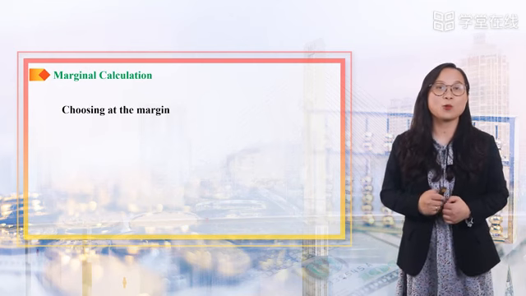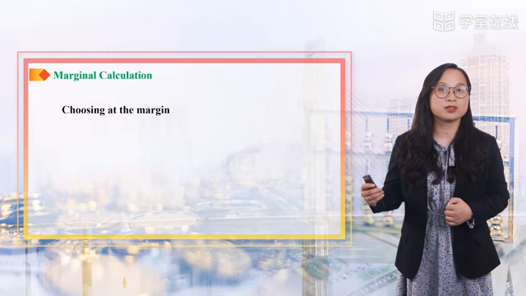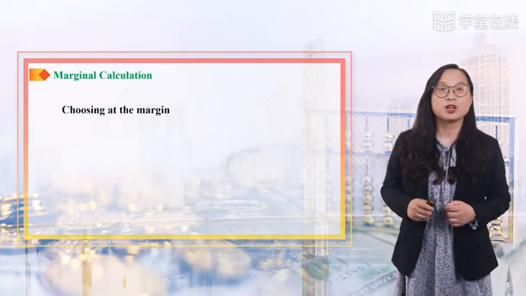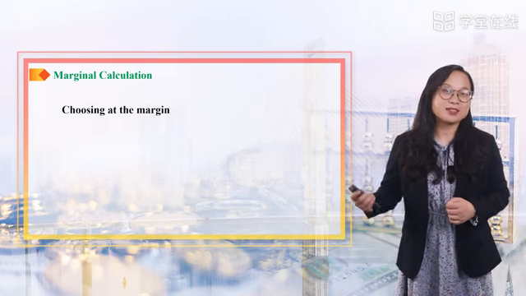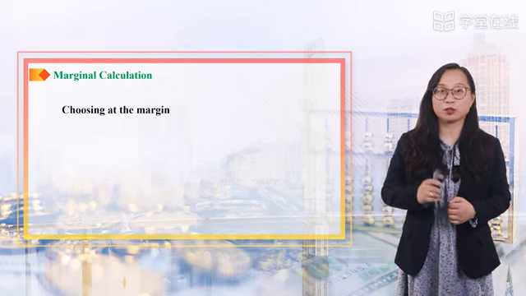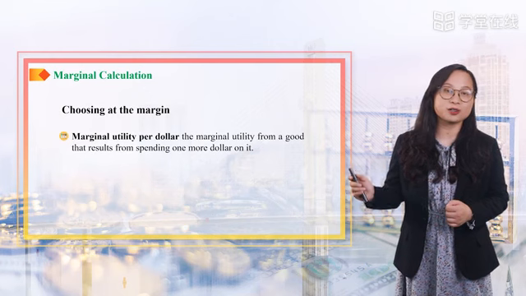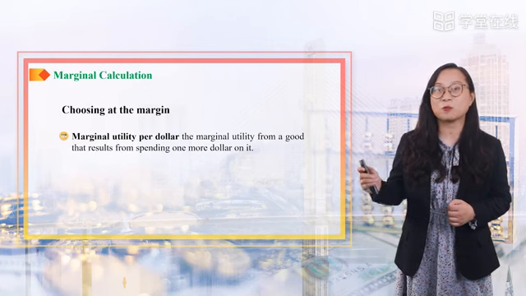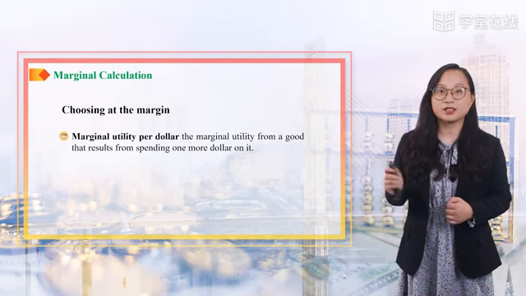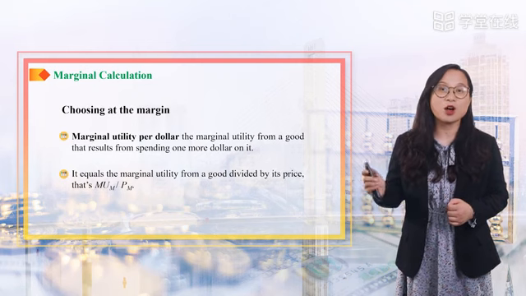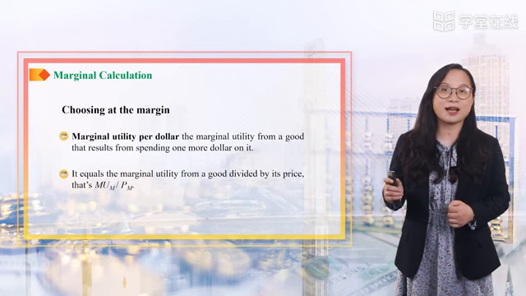To answer it, we have to understand marginal utility per dollar. It is the marginal utility from a good that results from spending $1 more on it. It equals the marginal utility of a good divided by its price.